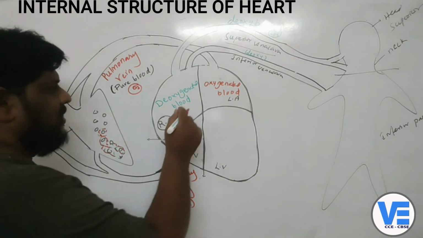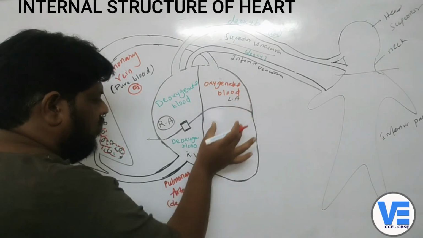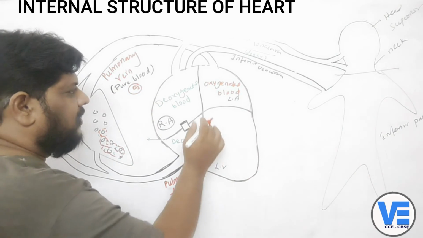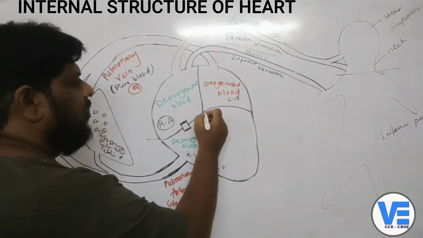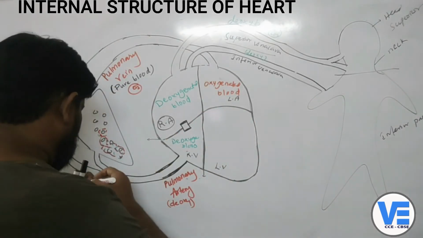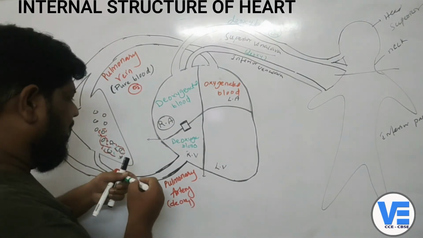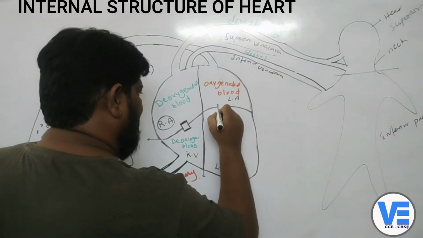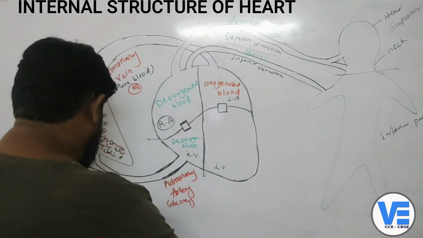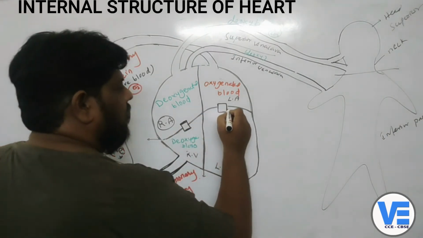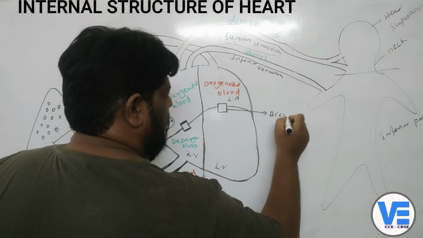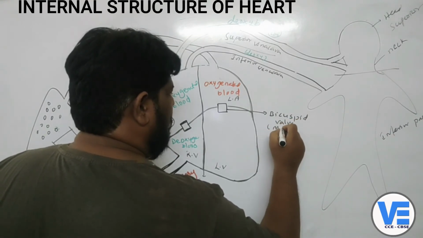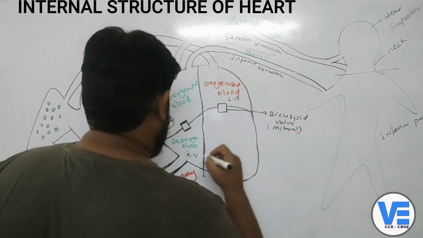So now the blood which is here should come to the left ventricle. How will it come? It has to pass through this wall, but there's a septum here, right? So again, this septum will also have a valve, which is called the bicuspid valve, also called the mitral valve.